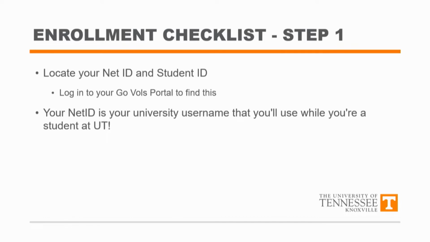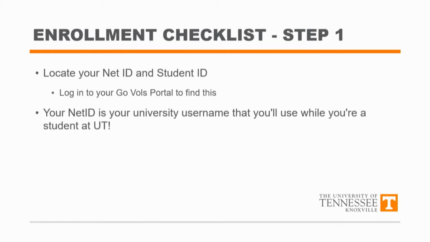So the first thing that you're going to want to do in confirming your enrollment is to get your net ID and your student ID number. Now, both of these things will be on your Go Vols portal, usually about 2 days or so after you're admitted. Right when you log in onto the Go Vols portal, you will see your net ID and your student ID number right there on the right-hand side.